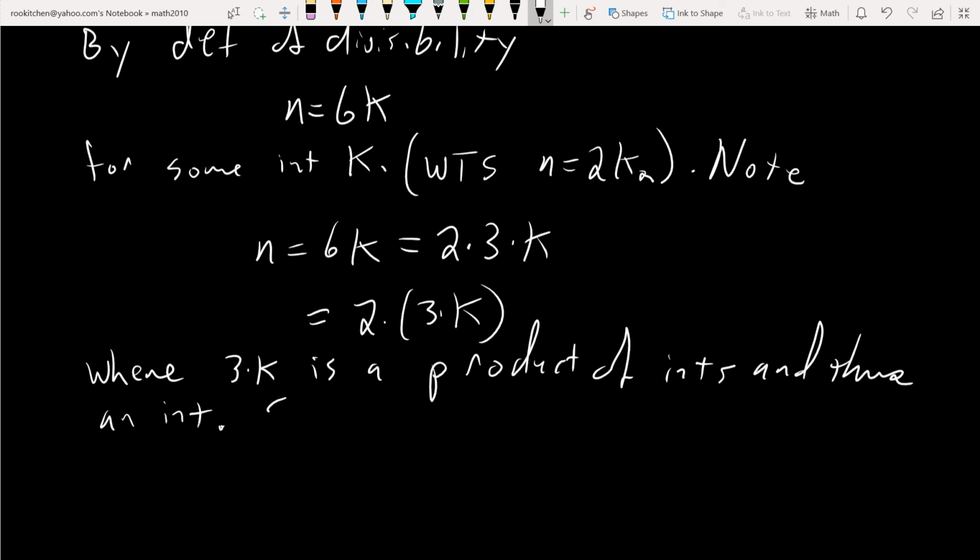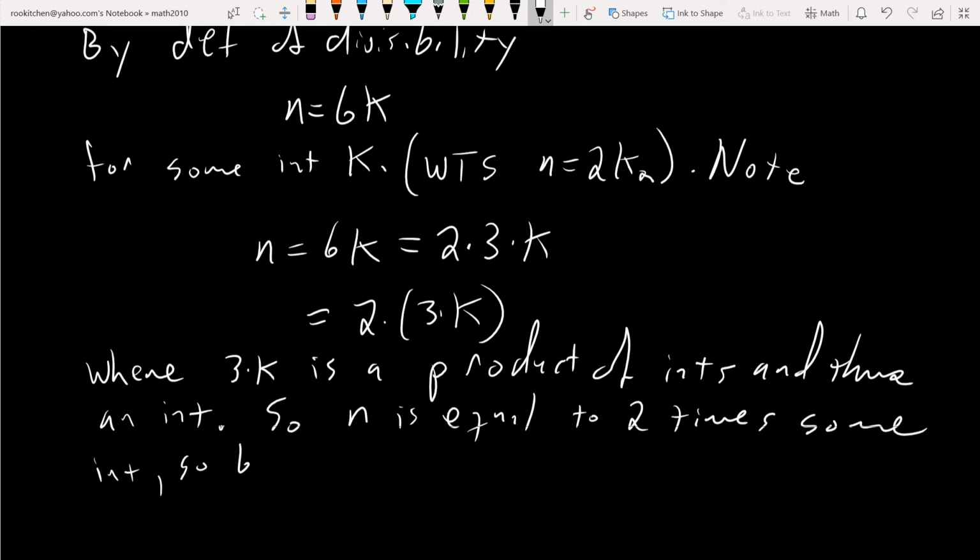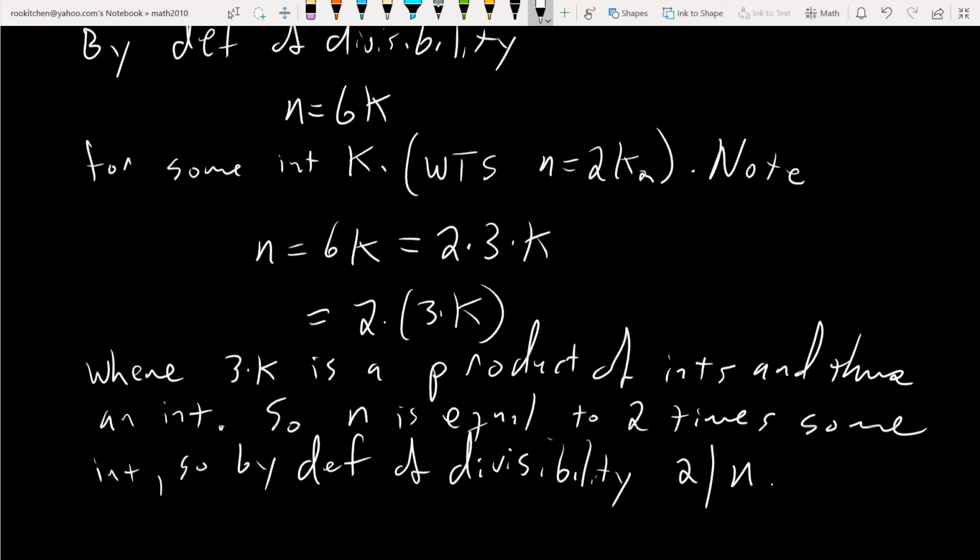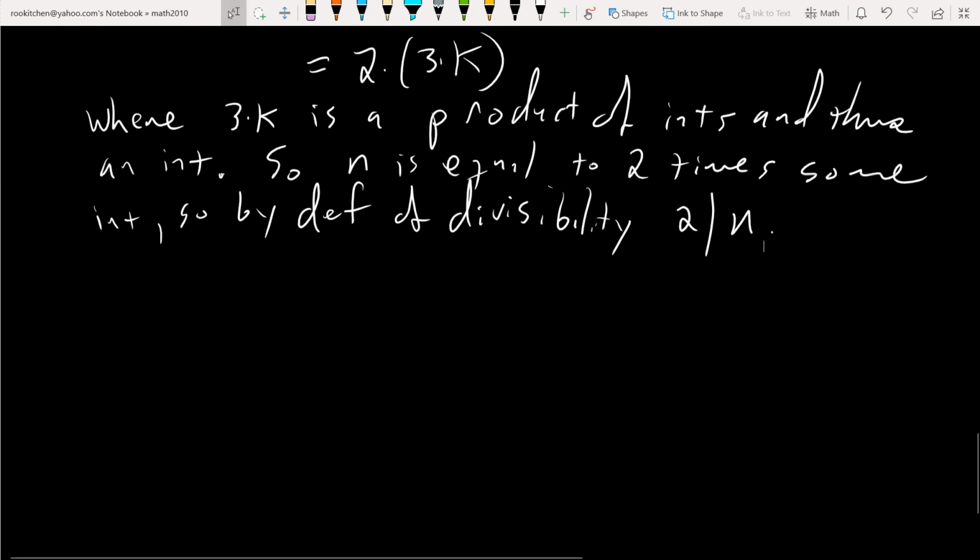So n is equal to 2 times some integer, which is what we wanted to show. So by definition of divisibility, 2 divides n.